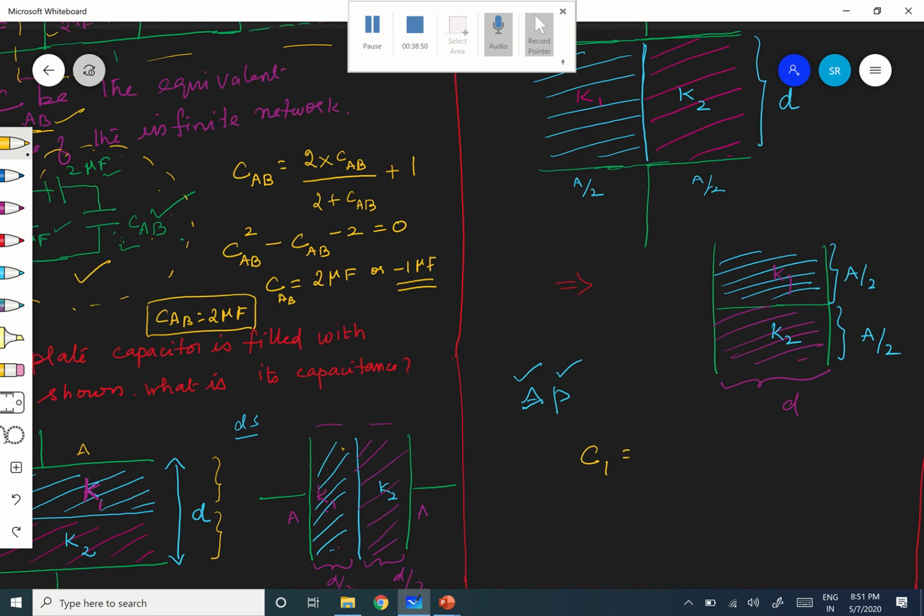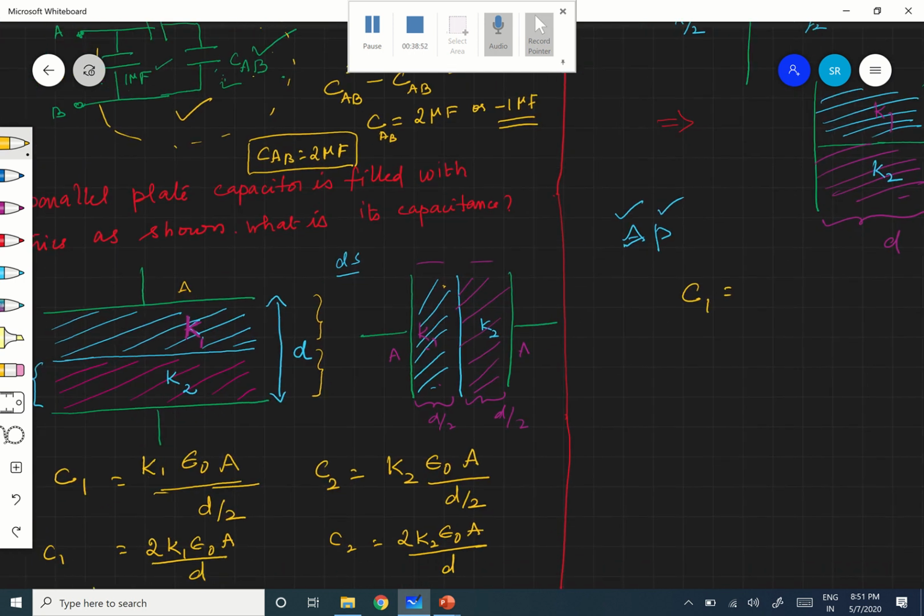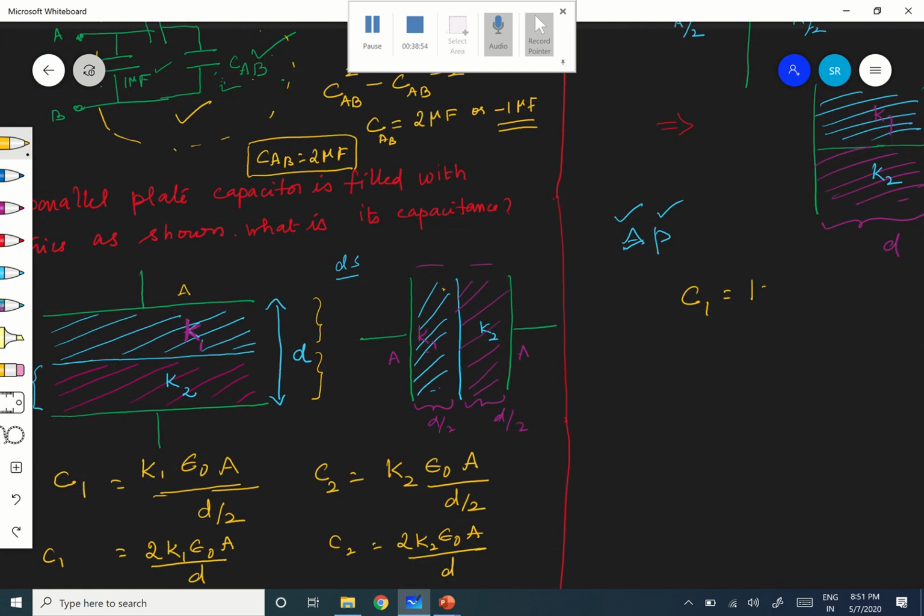C1 is equal to K1 epsilon naught, A is A by 2, therefore A by 2 divided by D. D is the same. In the previous problem A is the same but D is divided. Here A is divided, D is the same. Hope you're following. That is equal to K1 epsilon naught A divided by 2D.